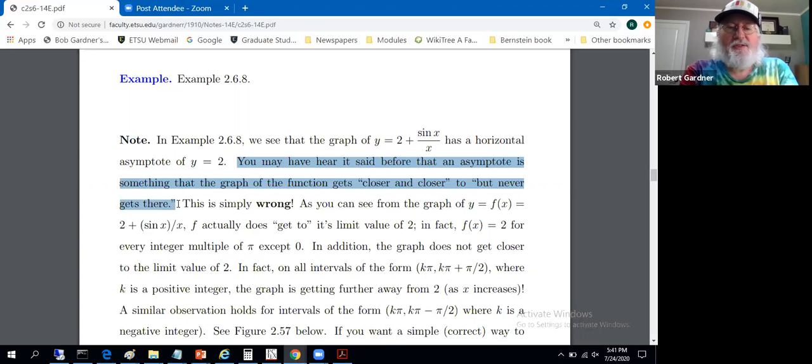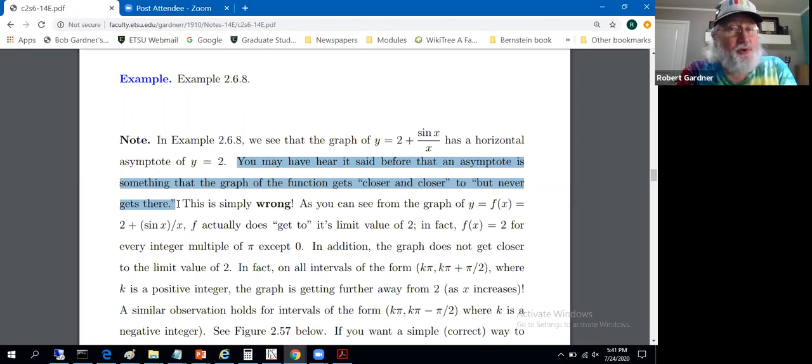And none of this is true. Y doesn't get closer and closer to 2, and it does get there. Now, this only claims 2 things. Gets closer and closer, but never gets there. This is just wrong. The highlighted stuff is wrong. You can't take that as an idea in general for, say, a horizontal asymptote.